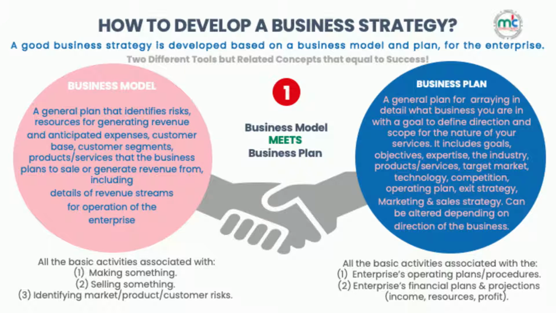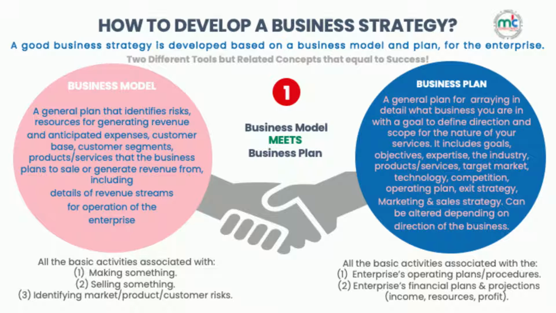So here we have the business model meeting the business plan. The business model concerns itself with all the basic activities associated with making something, selling something, and then identifying your market risks, product risks, and customer risks.